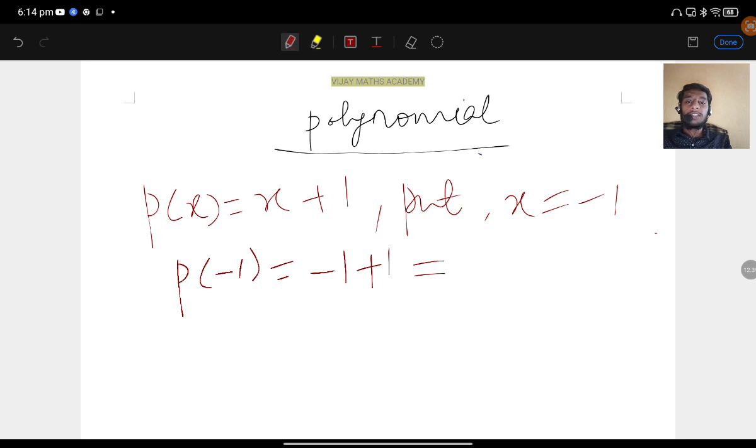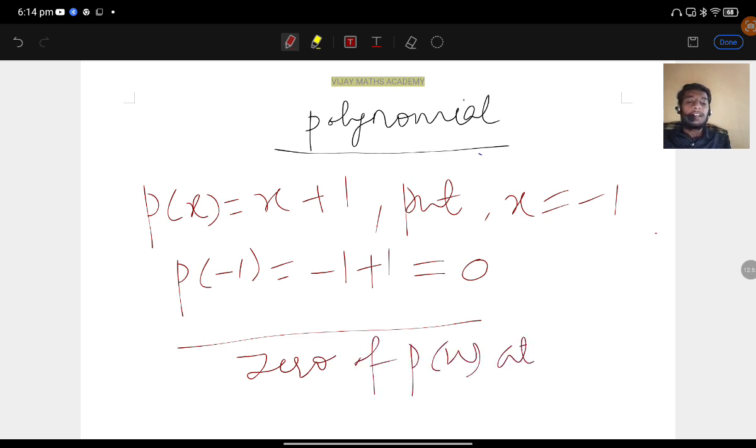So minus 1 plus 1, subtracting 1 from 1, it will be 0. So here also we are getting 0, which means minus 1 is the zero of p of x, at x equals minus 1.